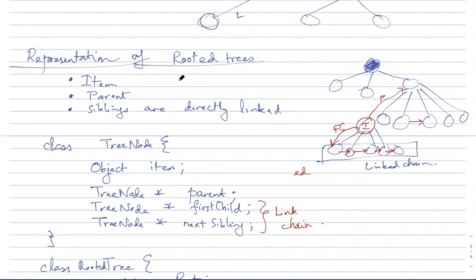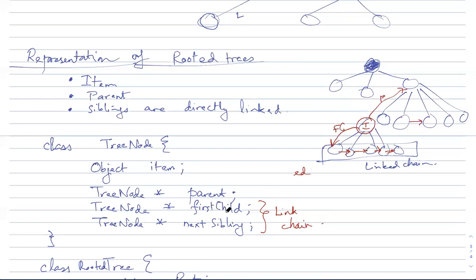And therefore we started talking about the representation of the rooted trees, and we pointed out that fundamentally, when the tree node can have any number of nodes, the most efficient representation can be storing the item in the node, and then it can have the children linked together in the form of a linked list.